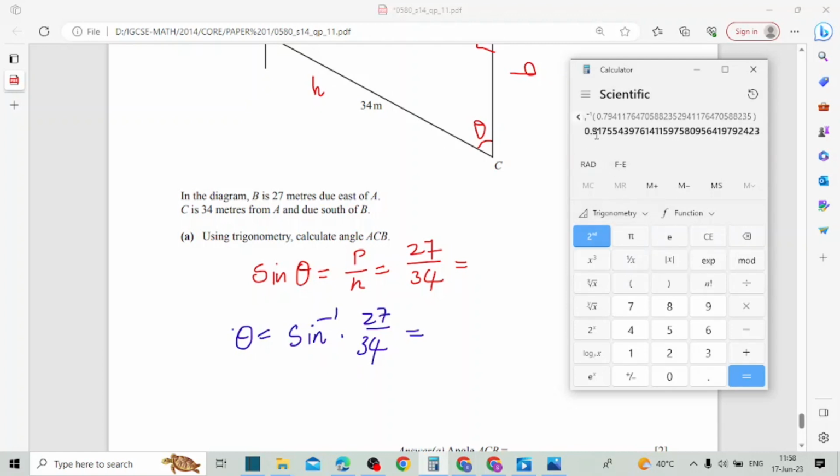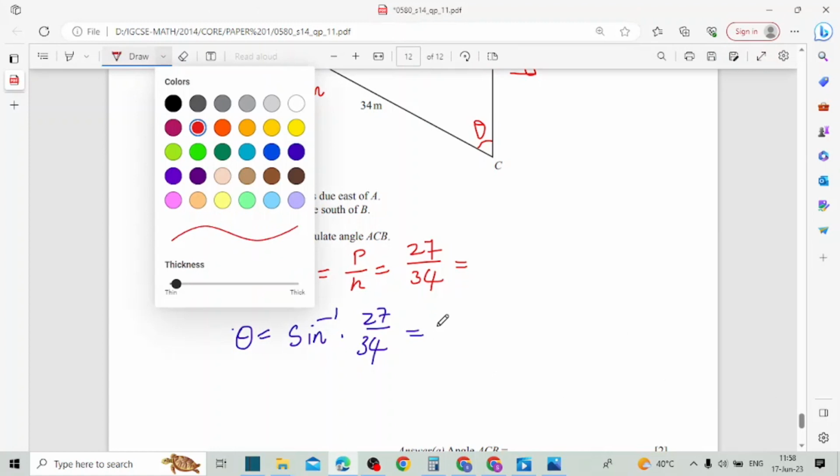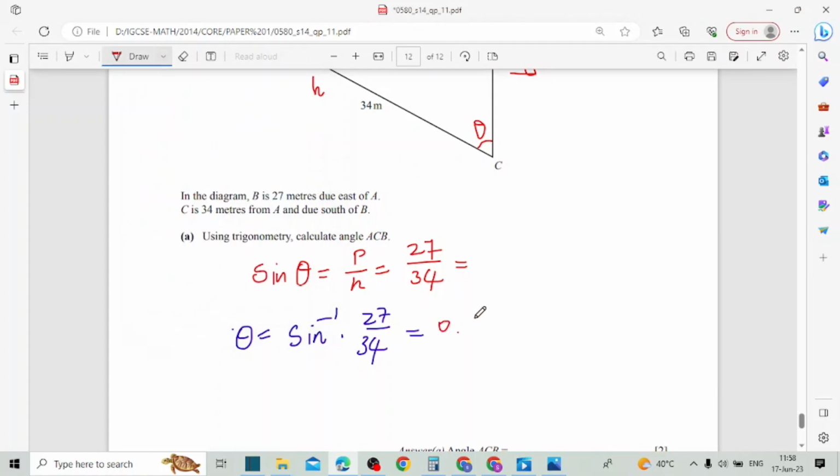What we get is 0.917. This is in radians, RAD. But we want it in degrees, since theta is in degrees.